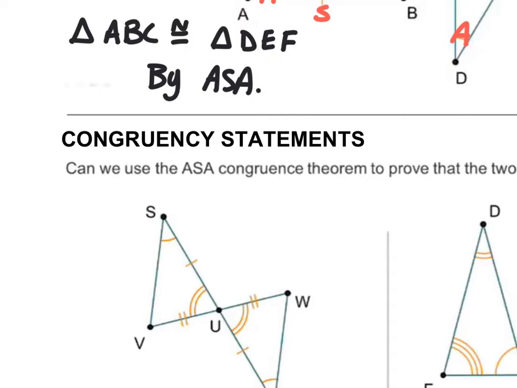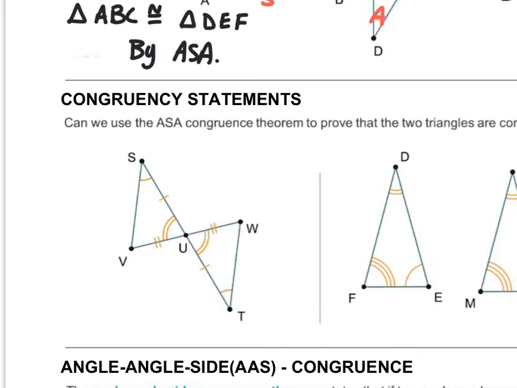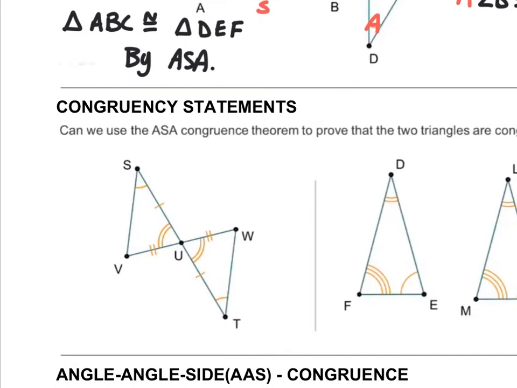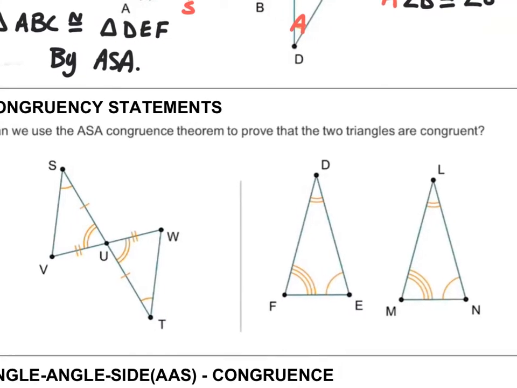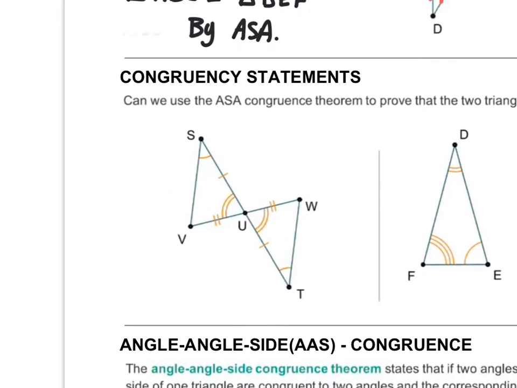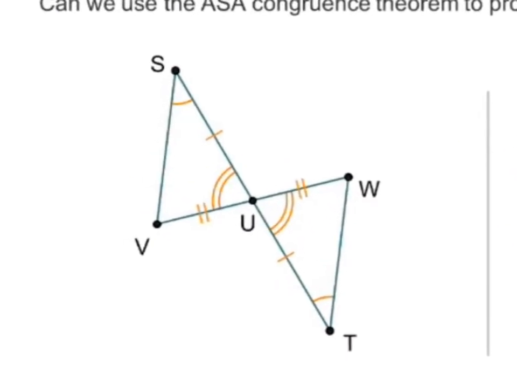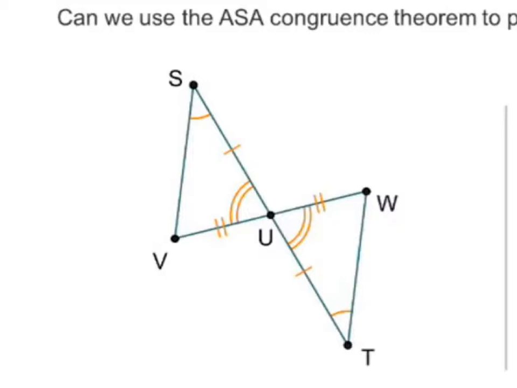So now let's come over here, and we want to say, can we use the angle side angle congruence theorem to prove that the two triangles are in fact congruent? So here's what I've got. I know that angle S is congruent to angle T. I know that segment SU is congruent to segment TU.